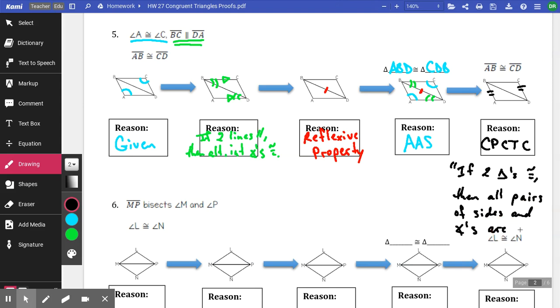So you don't have to write all this out, but it is good to know what it means when we write the 5 letters CPCTC. And so it's just like proving triangles are congruent. We just take it one step further, showing we know what it means for triangles to be congruent. It would mean that other segments and other angles that we haven't talked about yet are also congruent.